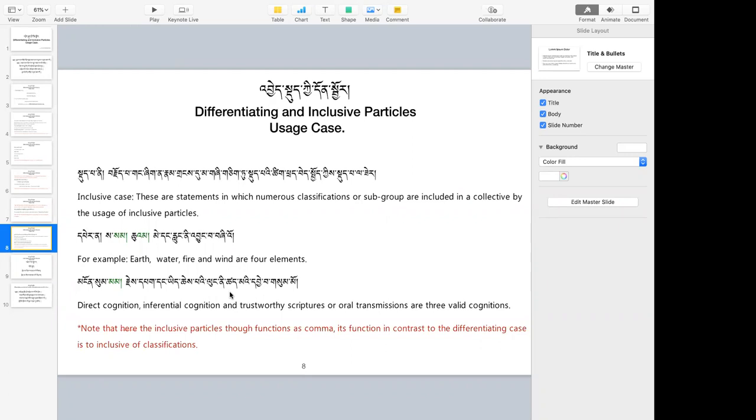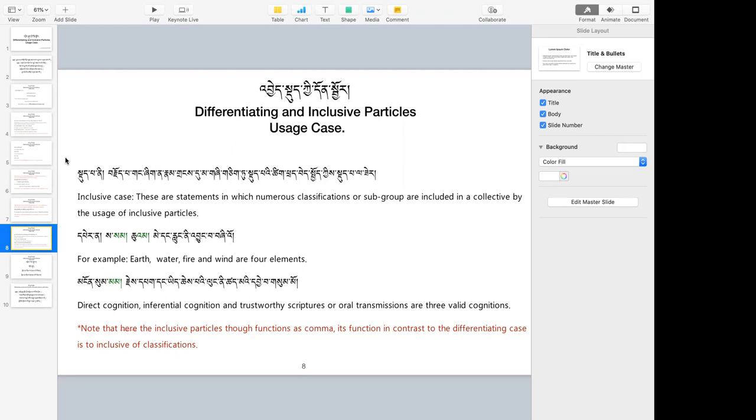So the function is in contrast, different from the differentiating case.